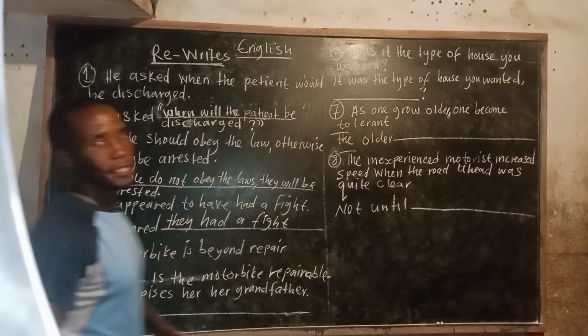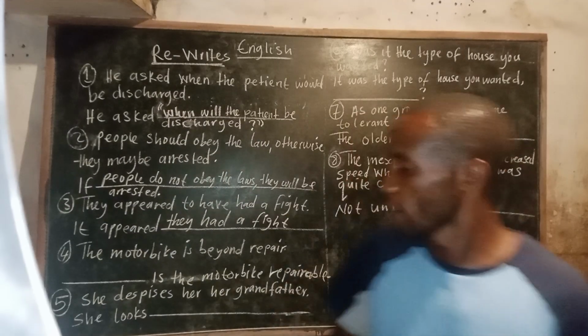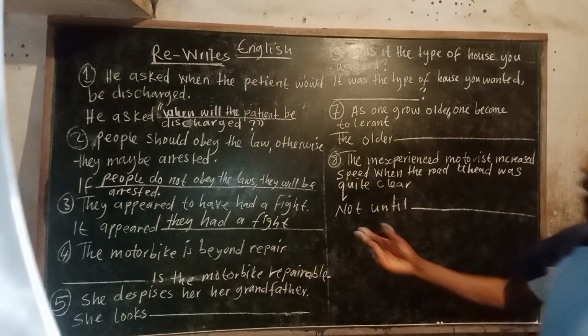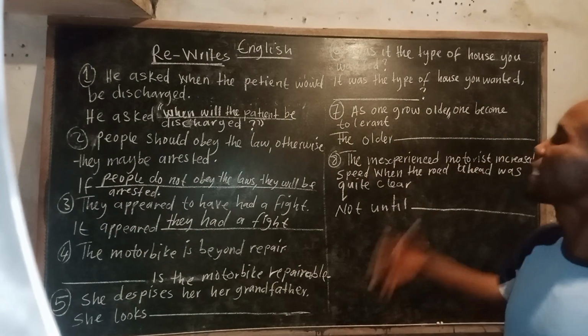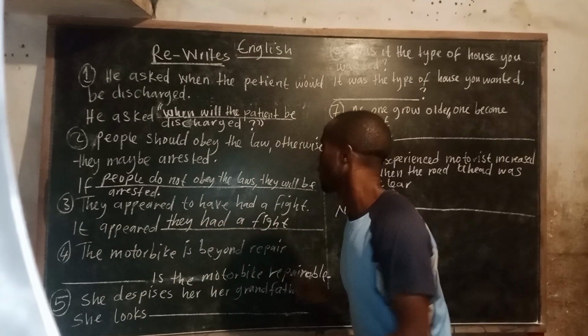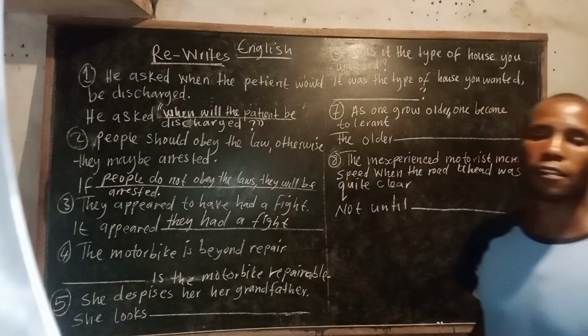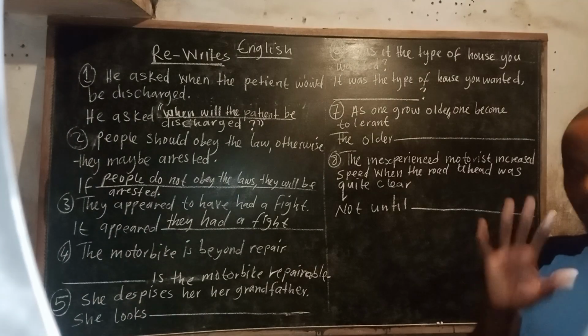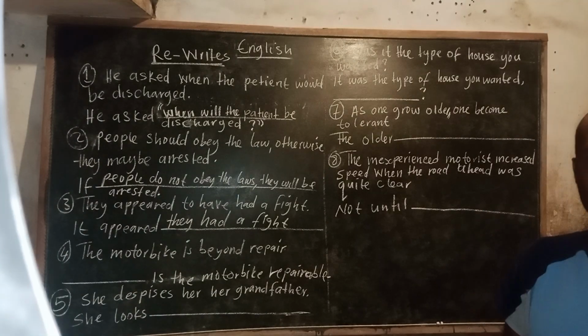So these two sentences have the same meaning. They appeared to have had a fight, and it appeared they had a fight. That is how you can rewrite. Same meaning. Maintain the meaning of the sentence.